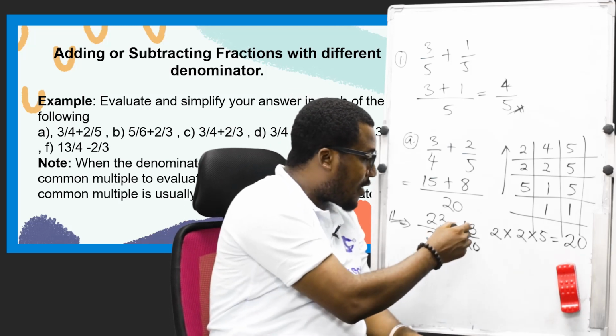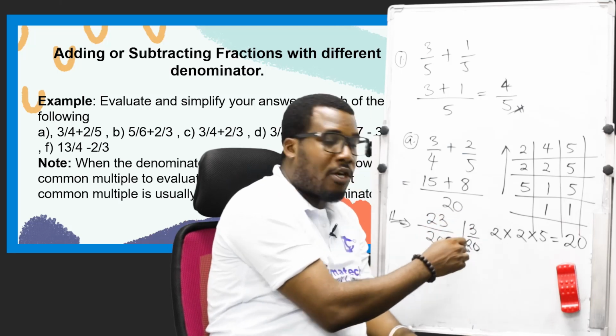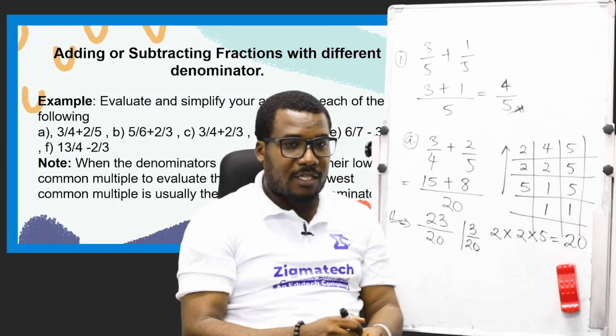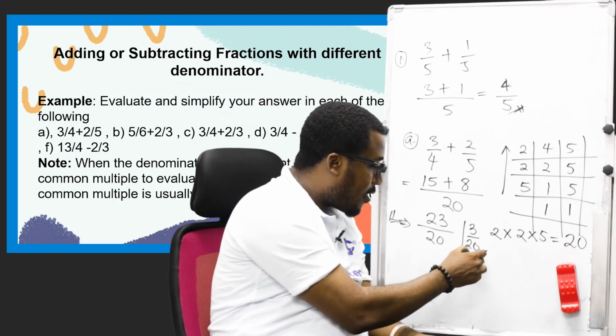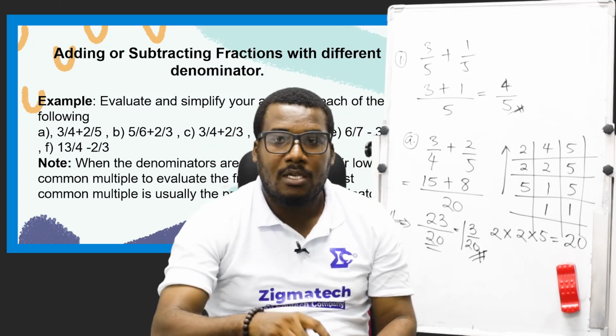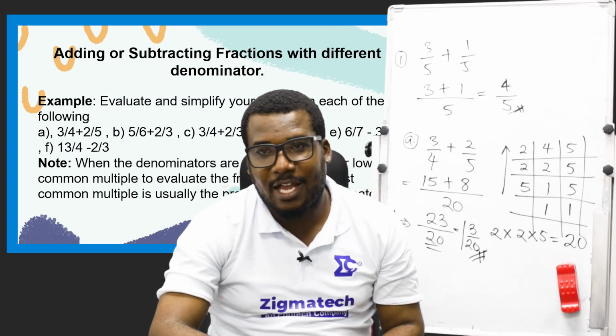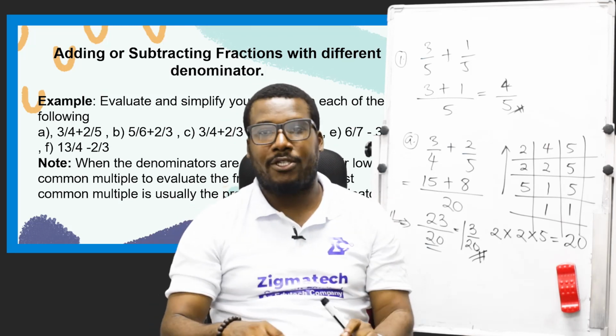Now you notice that this is having a whole number 1 and then a proper fraction 3 over 20. This is a mixed fraction, and this is your final answer. That's for the first aspect of using the lowest common multiple method.